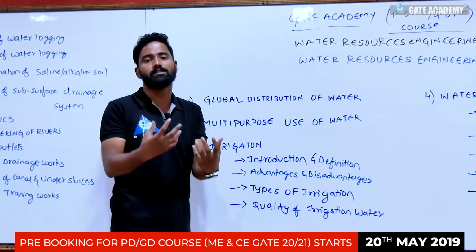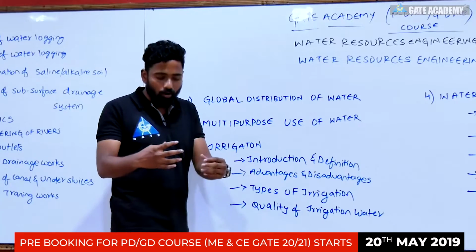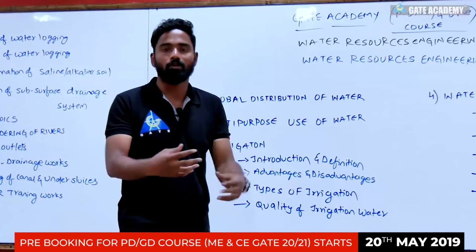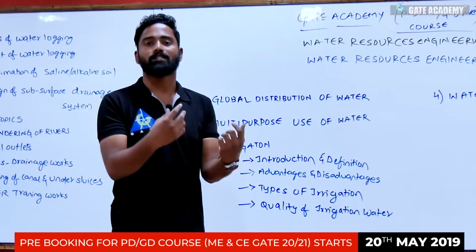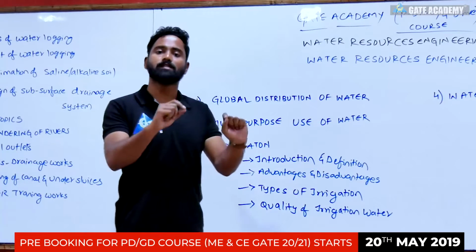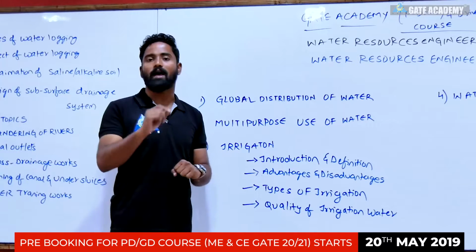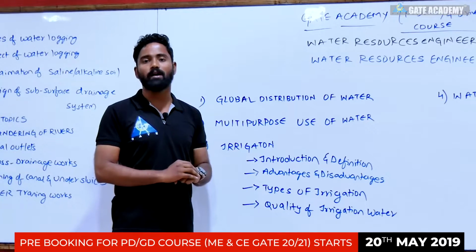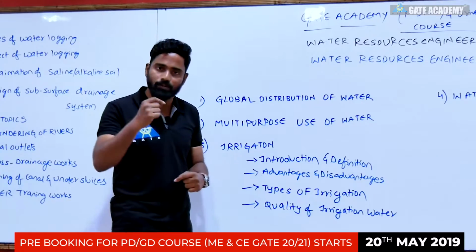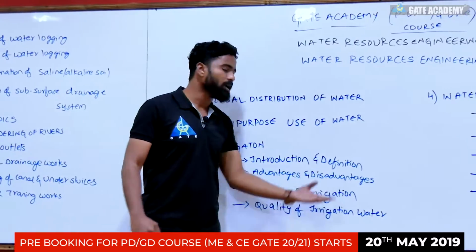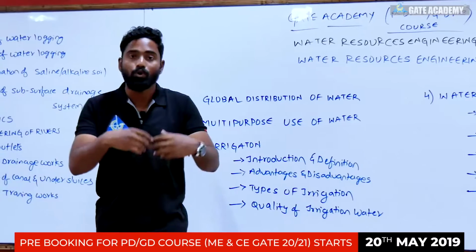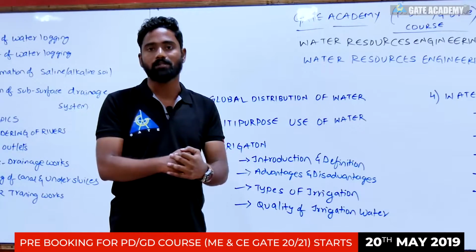Direct benefit is increasing the growth. Indirect benefit is that in order to provide irrigation, you will construct a dam. Because of constructing the dam, hydropower electricity will be generated, drinking water supply will be given, and navigation facilities will be provided. Those are the indirect benefits of irrigation. And the disadvantage is, if you provide more water to the field, what happens?